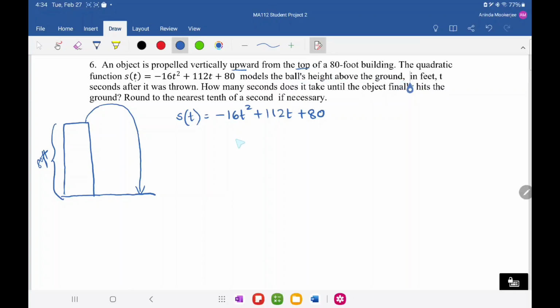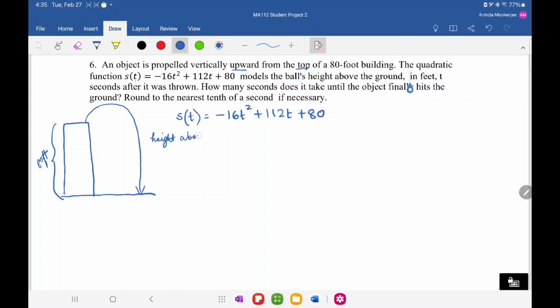So that means that when we plug in values for the variable t into this function and evaluate it, we will come up with a value s of t, which represents the height of the ball above ground.